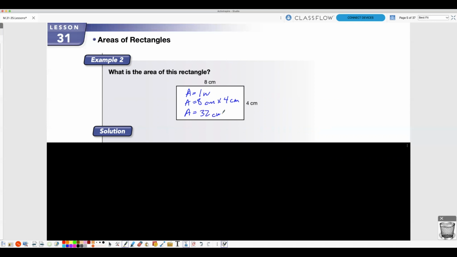And you can see that there's 2 of those centimeters squared when multiplied together. This also equals 32 square centimeters. Or you could list, instead of abbreviating it, square centimeters, or centimeters could be written out. All of those would be correct answers.